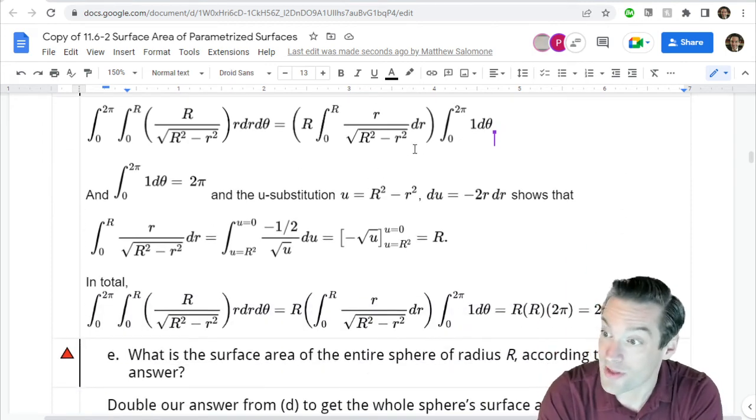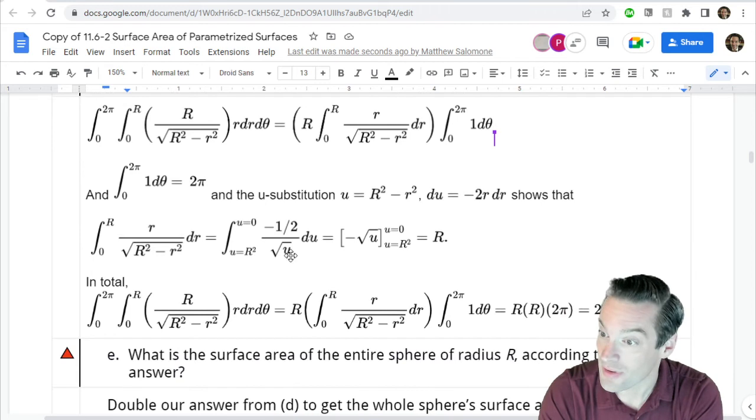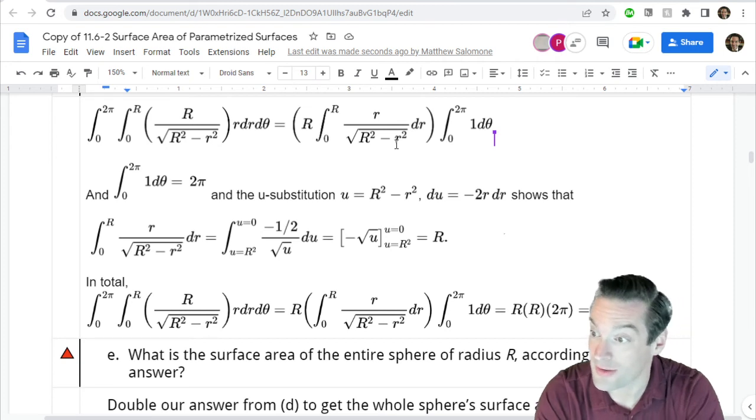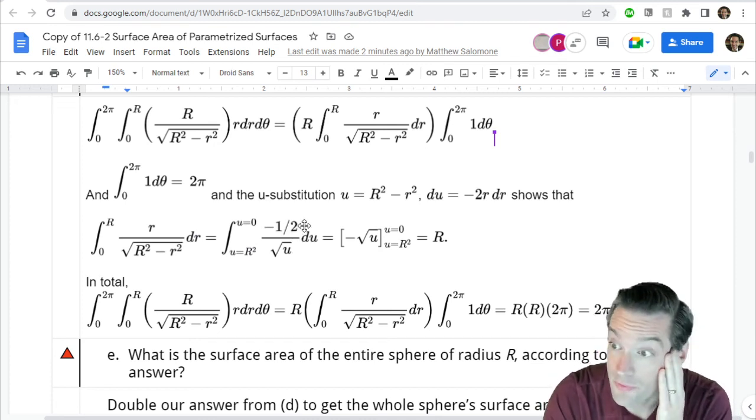In polar coordinates, this extra factor of r that came with our area element conversion comes in to save the day, because it allows us to use a u substitution to find an antiderivative for this. So u equals big R squared minus little r squared lets us transform this into the integral from r squared to 0 of negative a half over the square root of u.